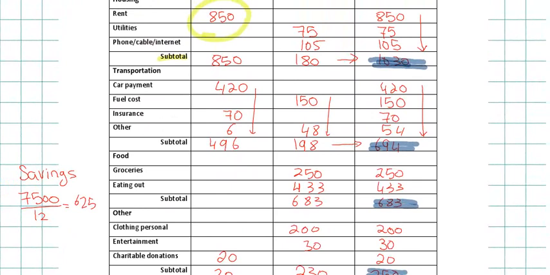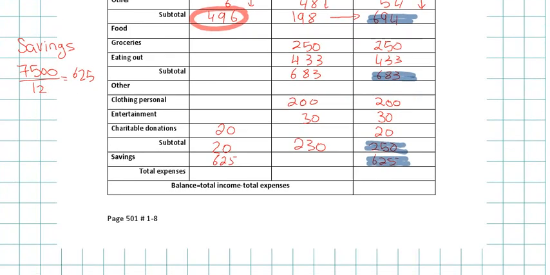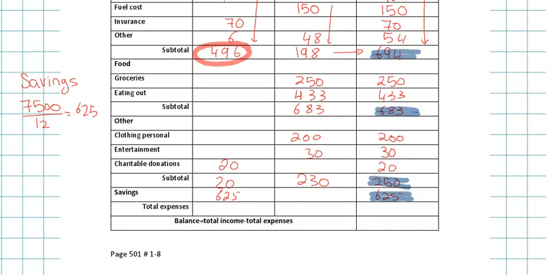You're gonna add this, this, this, and this, and then put it as the total fixed expense. So these are the fixed ones that she can't change. They should equal 1,991. Let me know if that's different than what you have.